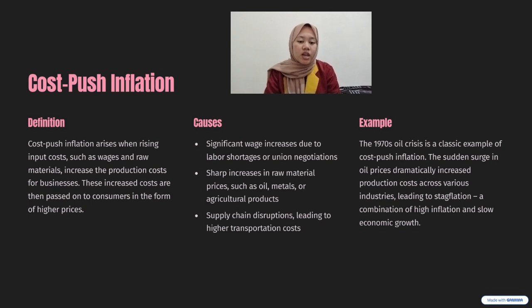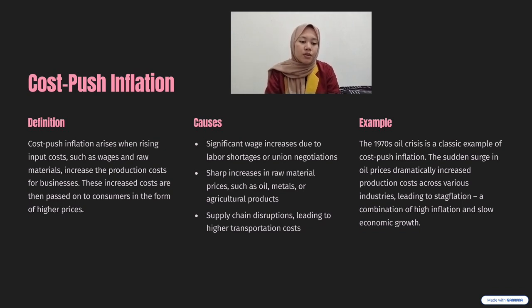Causes: significant wage increases due to labor shortages or union negotiation; sharp increases in raw material prices such as oil, metals, or agricultural products; supply chain disruptions leading to higher transportation costs.